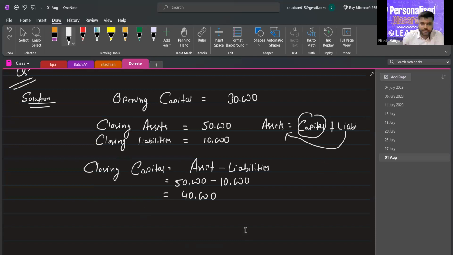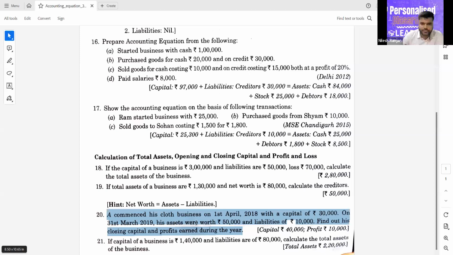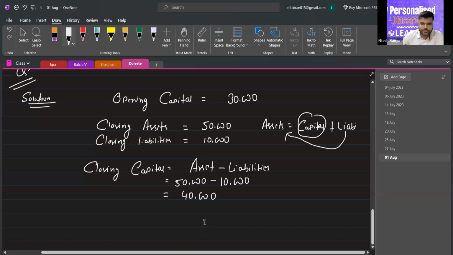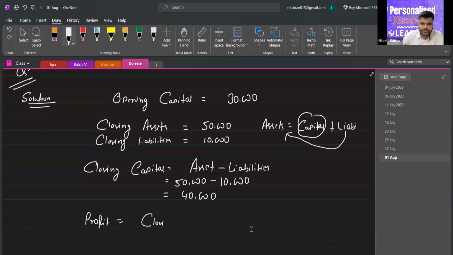So there can be only one reason for the increase in capital, that is profit. So profit equals closing capital minus opening capital. If there was some drawing or additional capital, then we would have to write those items in the formula also. But there is no additional capital and no drawing, so we don't have to write them.